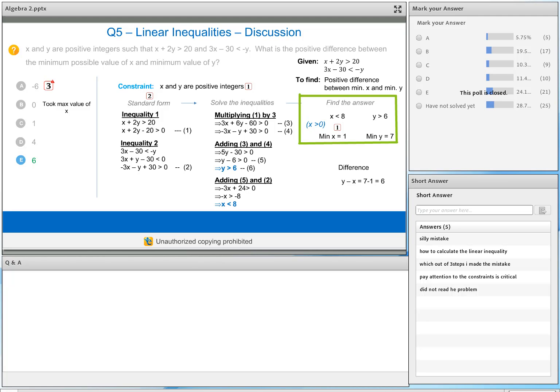Okay, so it's very important for you to identify exactly why you get the question wrong, and that's where the significance of a detailed solution comes in handy.